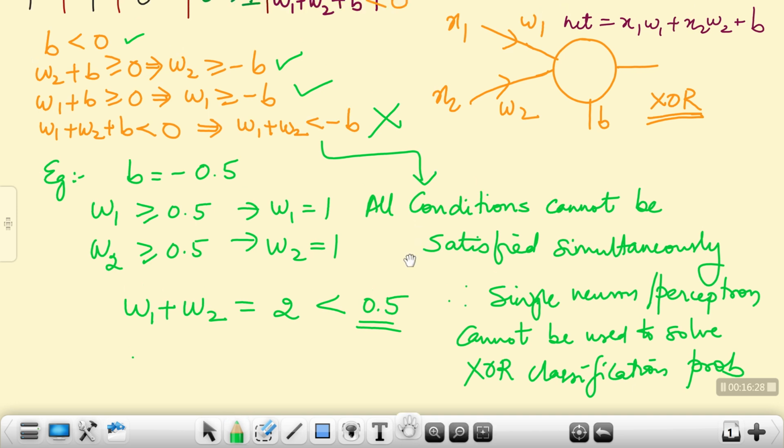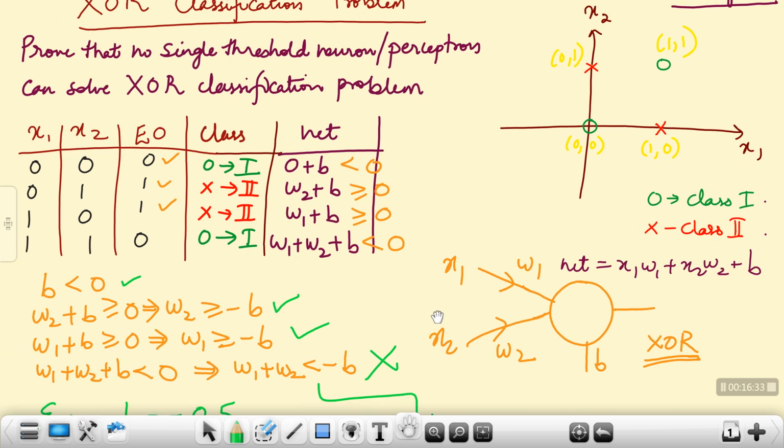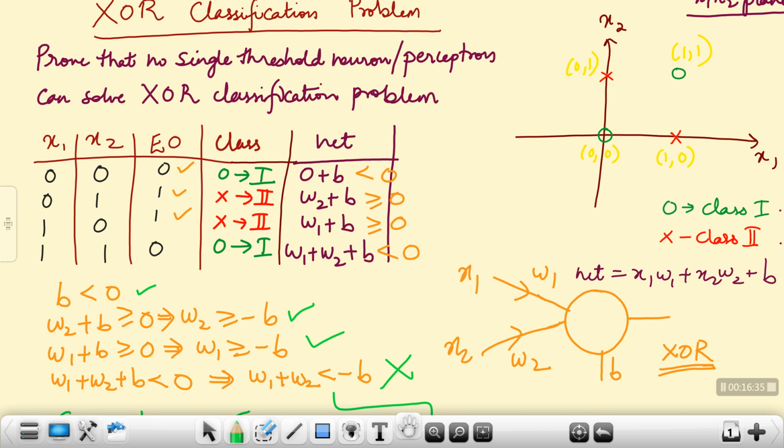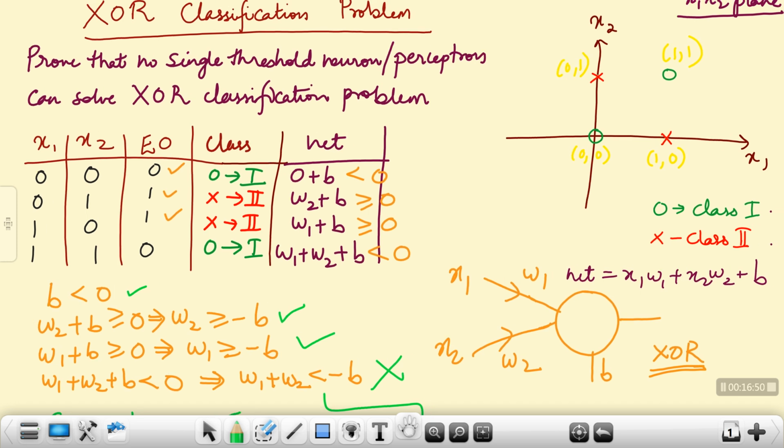I will just illustrate one more thing to you all with the help of a diagram. Say this is a single neuron which is considered here, with weights W1 and W2. I shall just try to draw a line here.